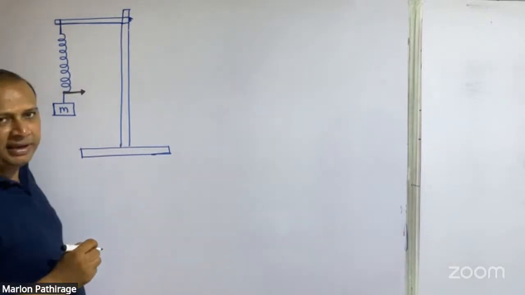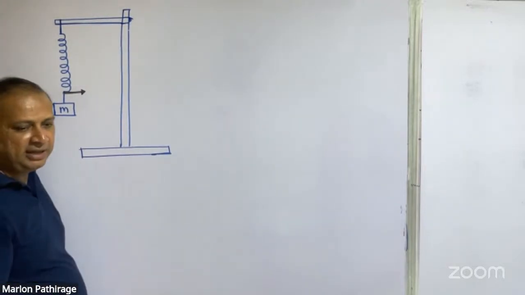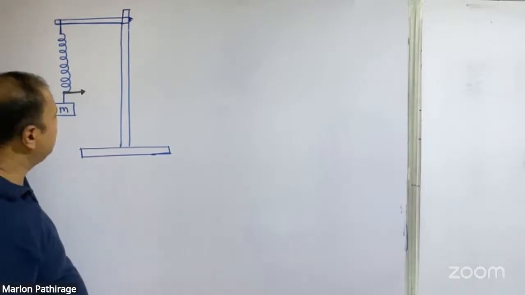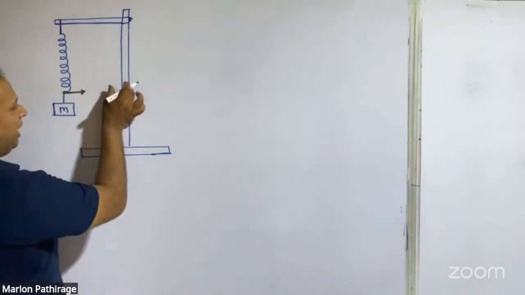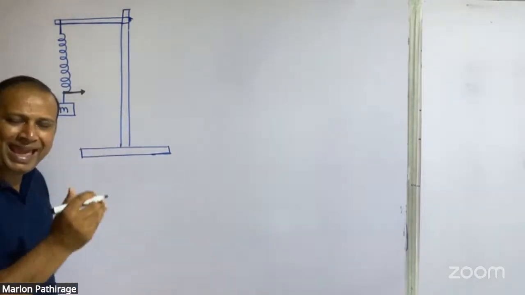Try as much as possible to set this horizontally. So this is the indicator. Then we have to locate a locating pin.